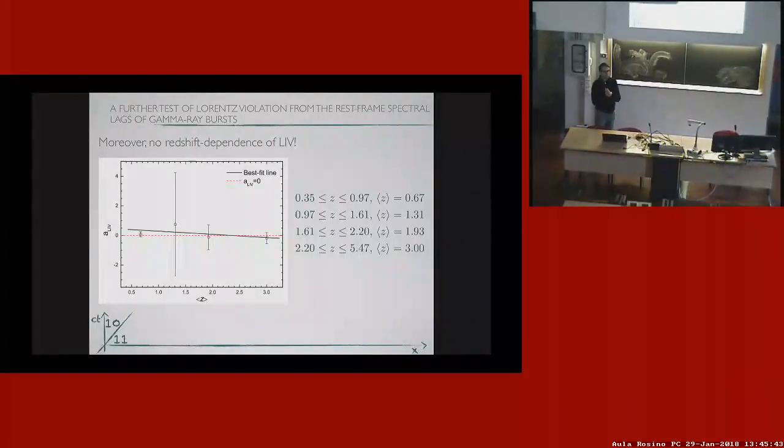Finally, the authors also made a test about possible redshift dependence of the Lorentz invariance violation.